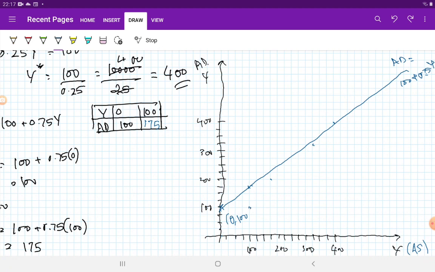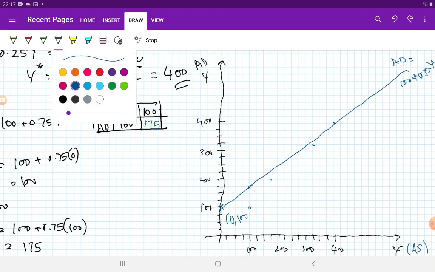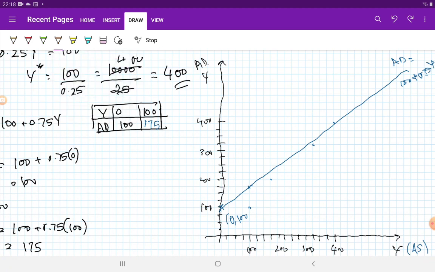Let me just use another color for that, an orange color. You will find it much simpler to do. This is my 45-degree line, which represents the aggregate supply curve.